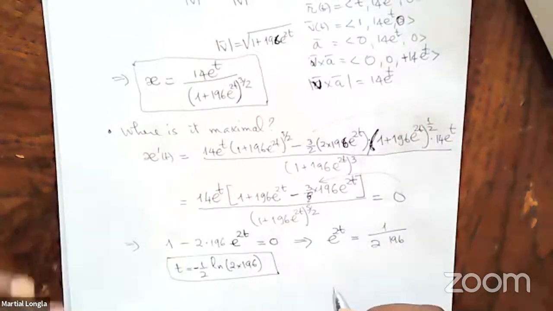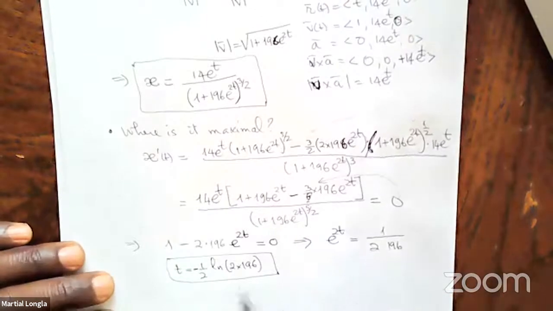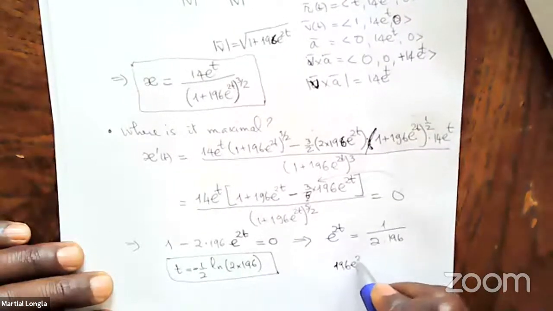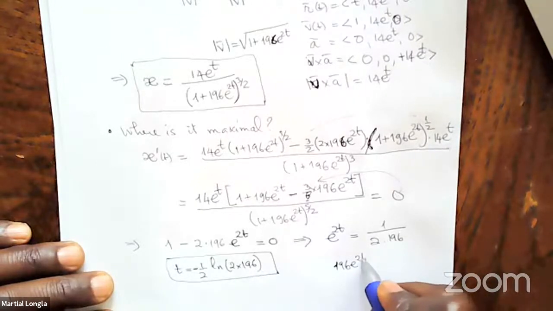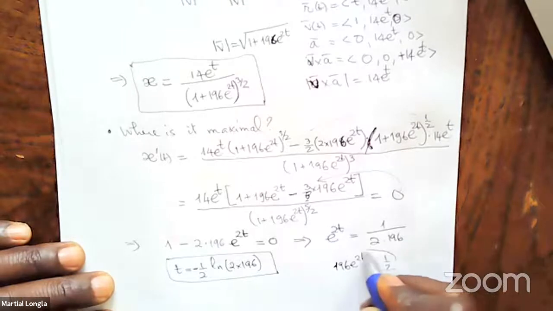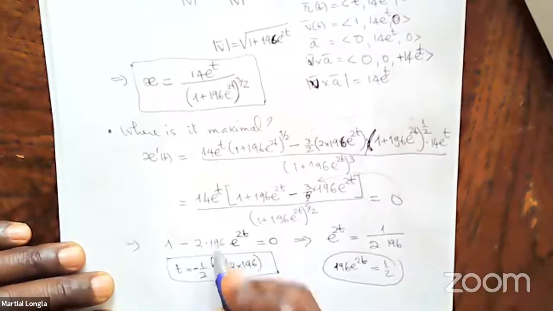So that's the point where it's maximum. But I'm going to keep this quantity: 196 e to the 2t is equal to 1/2 from here.